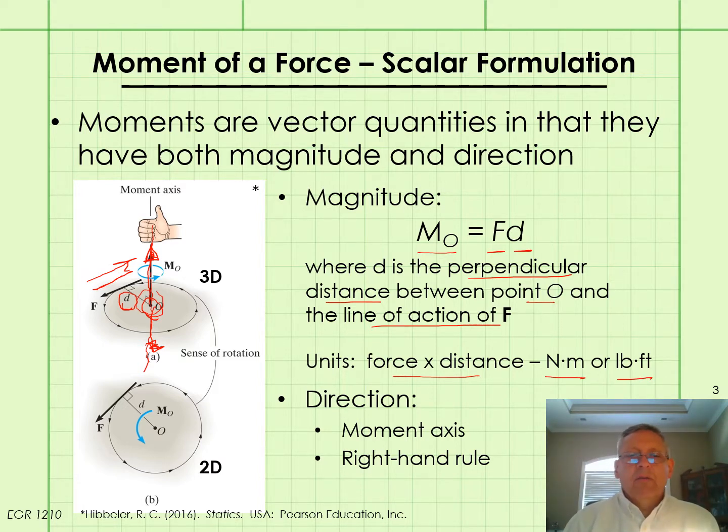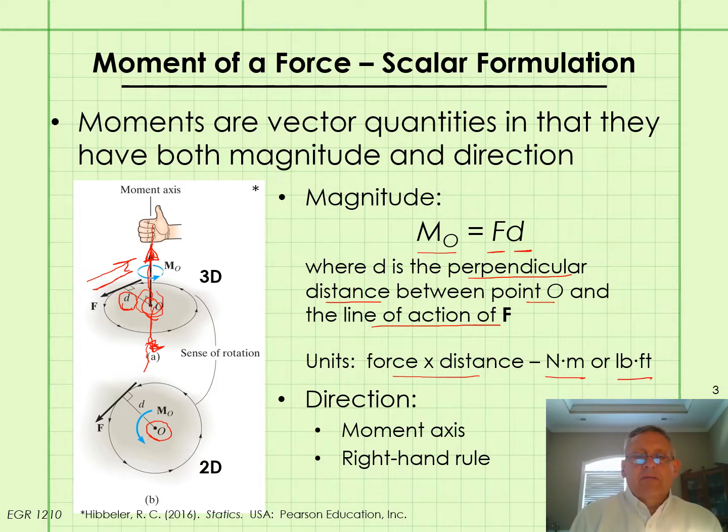Okay, looking at it from a 2D perspective, the vector M sub O, the moment vector, is coming straight up out of the page, so we don't see it, shown as a regular vector that has some length.